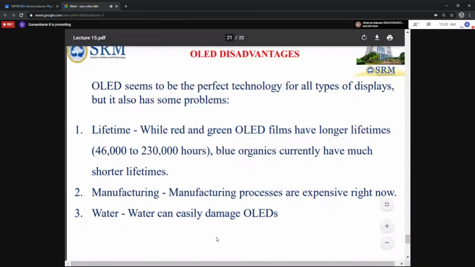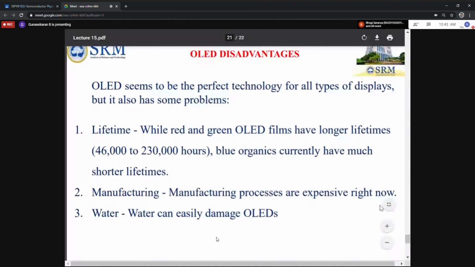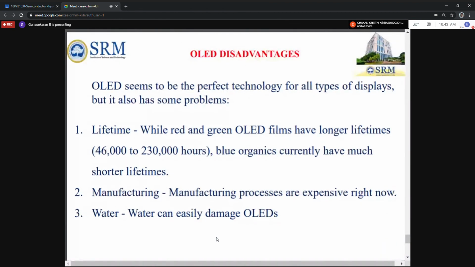So the blue organics currently have much shorter lifetimes. That is one major disadvantage. And second, the manufacturing process is highly complex and expensive right now, because the OLEDs are very expensive compared to others. See, a normal neon tube light of 40 watts is 50 rupees.